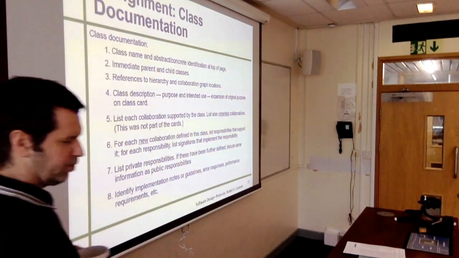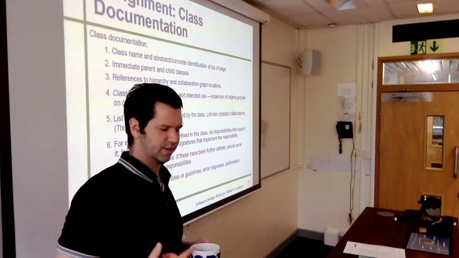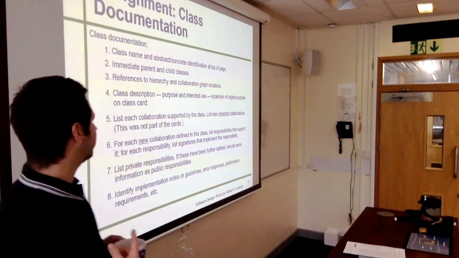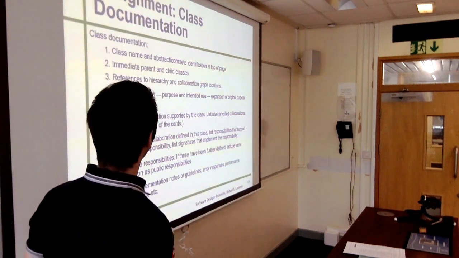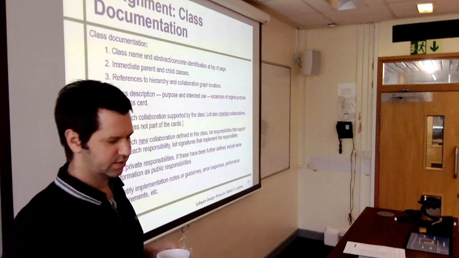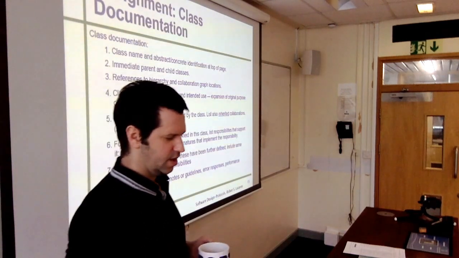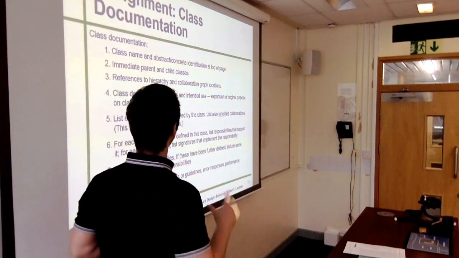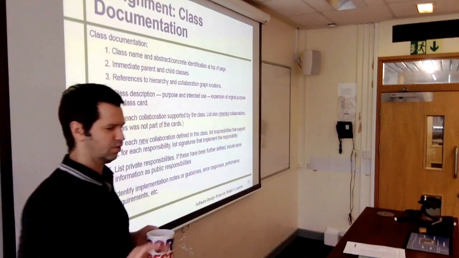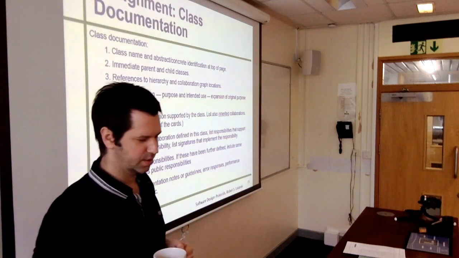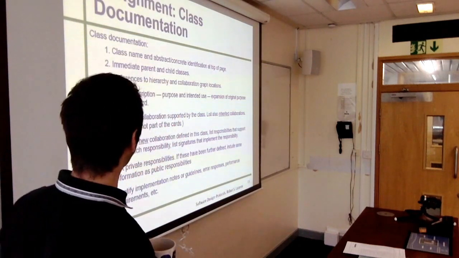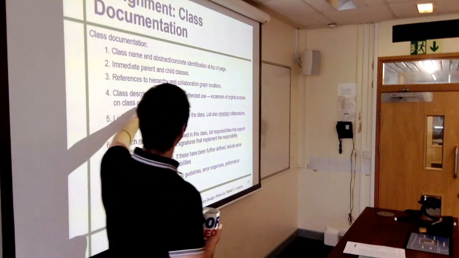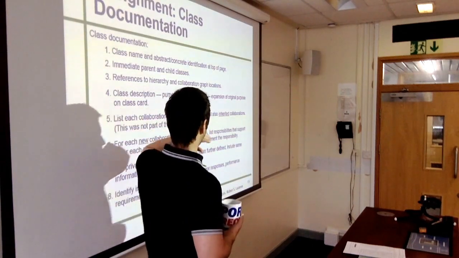And what do we specify for each class? The class name, whether or not it's abstract or concrete, the parent class, the child classes, any references to the hierarchy and collaboration graph locations, which page those drawings are on. There's a class description. What is the class for? What is it intended to be used for?